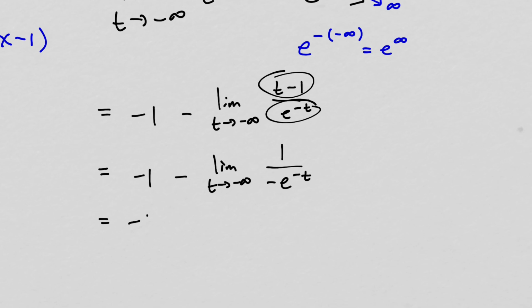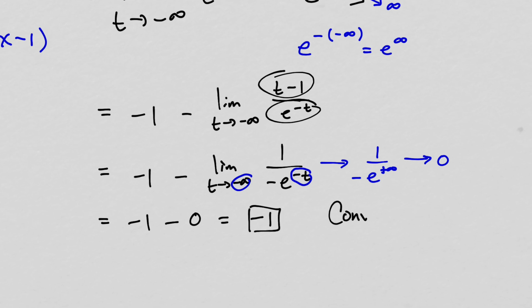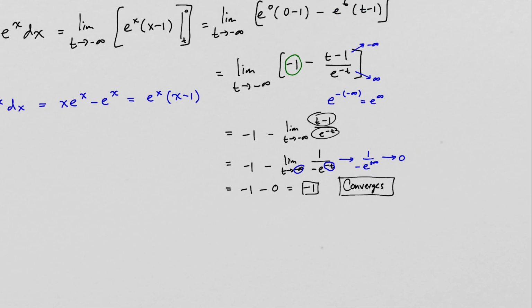And so now what happens as t goes to negative infinity, this is going to infinity, right? So what you have here is 1 divided by negative e to the positive infinity, and this is going to go to 0. So what we have is negative 1 minus 0, which is negative 1. And so this integral converges, and it converges to negative 1.